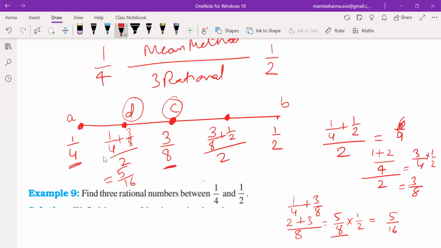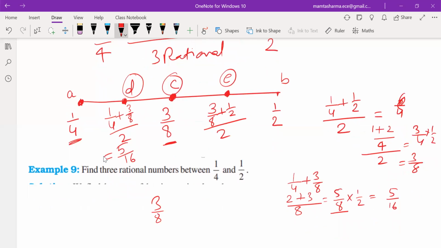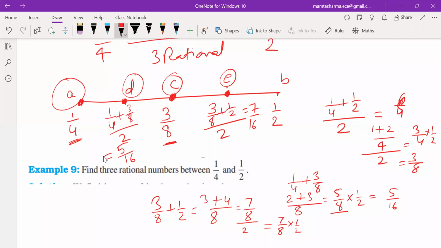If I say this number is E, so this E would be, solve it, 3 by 8 plus 1 by 2 is 7 by 8, divided by 2, 7 by 8 into 1 by 2, 7 by 16. Hence in this way, I found 3 numbers D, C, E between the numbers A, B using the mean method.